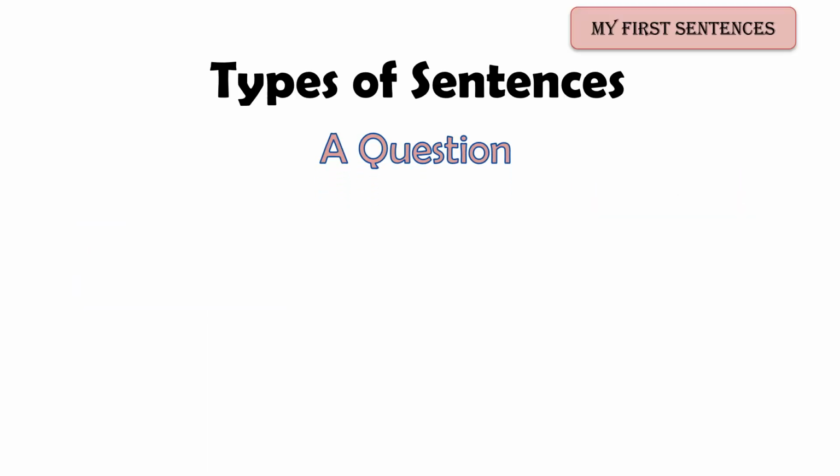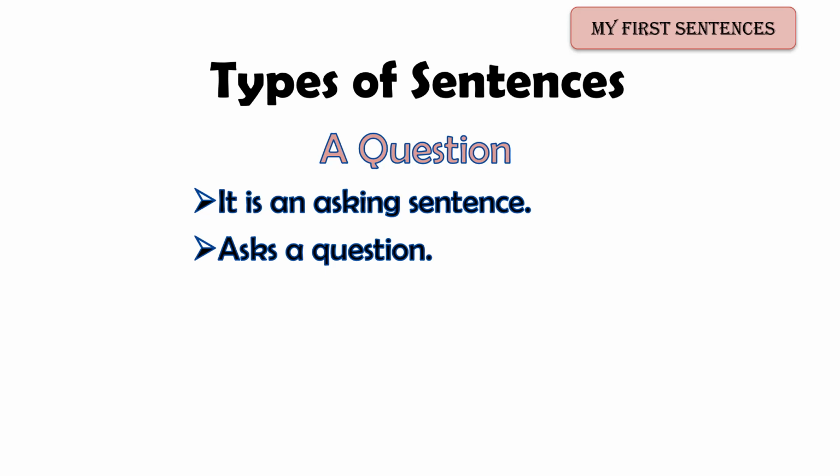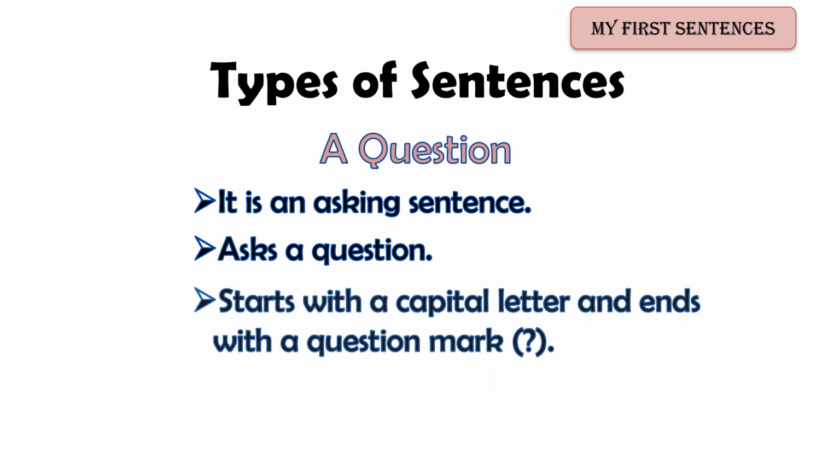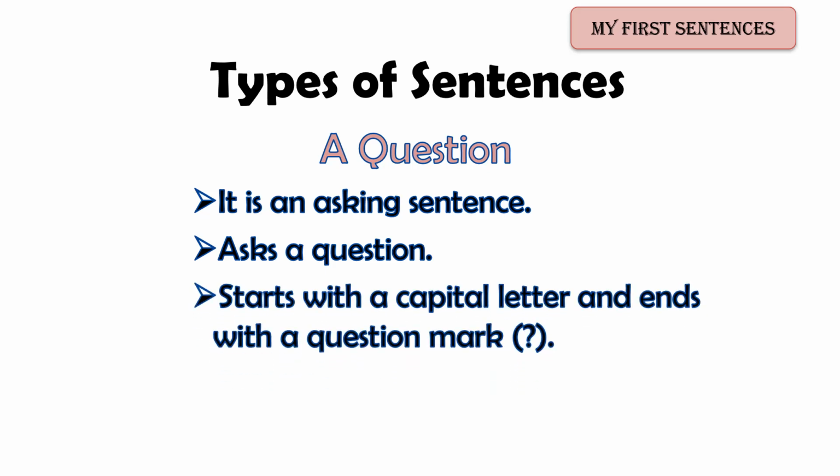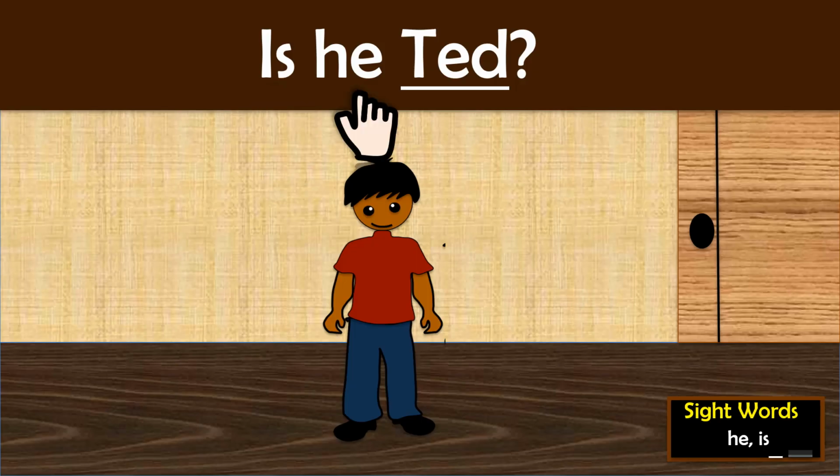A question. A question is an asking sentence. It asks a question. It starts with a capital letter and ends with a question mark. Let's look at some examples of a question. Is he Ted?